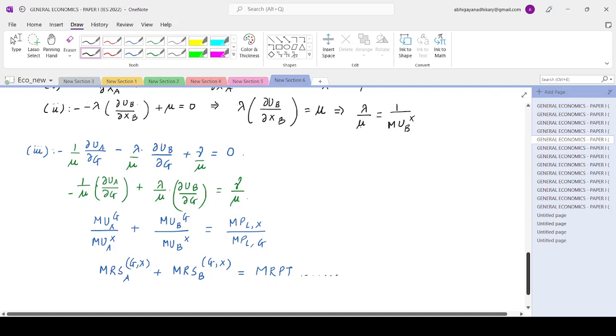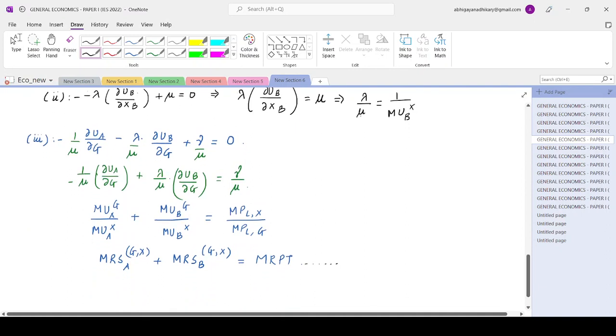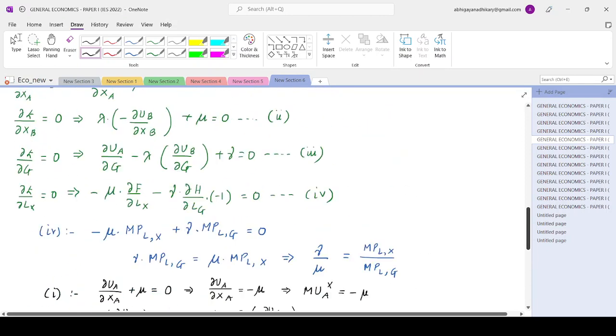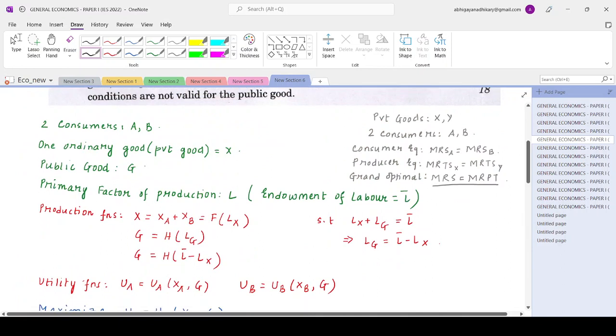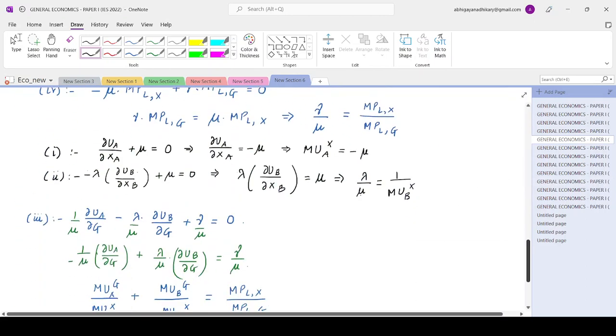Clearly, this is the Pareto optimal condition. If I compare with what I had written earlier, the MRS should be equal to MRPT. Now this is not the case.